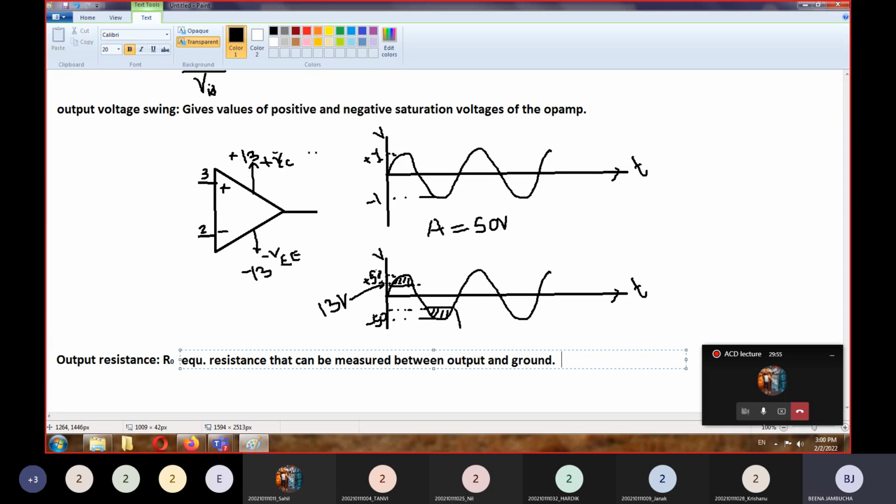And for the 741 IC, this value is near about 75 ohms. So sometimes when these values are not provided, you can take these values.